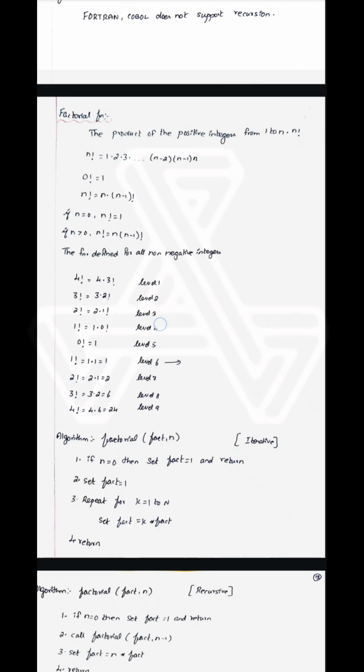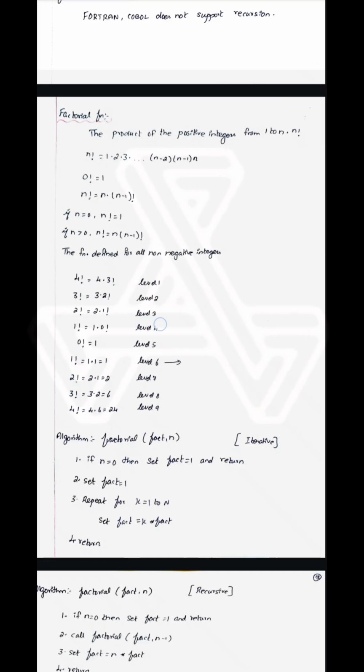For suppose we have to consider 4 factorial, meaning 4 into 3 factorial, 3 into 2 factorial, 2 into 1 factorial, 1 into 0 factorial, and 0 factorial is 1.